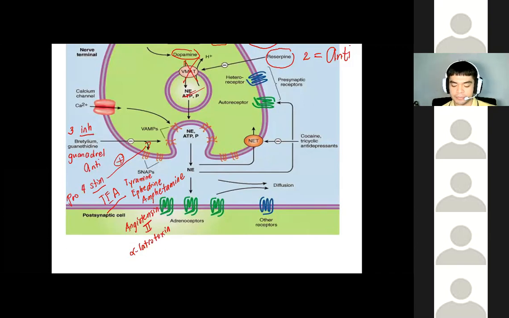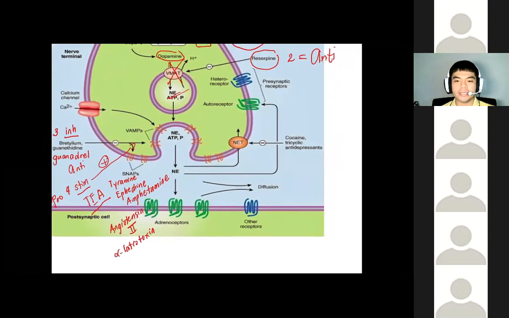Next, number 5. Proceed tayo sa number 5. So for the fifth agent or agents that can alter synaptic neurotransmission sa adrenergic, these are cocaine, and also tricyclic antidepressants. In other words, these are so-called as reuptake inhibitors or RIs.